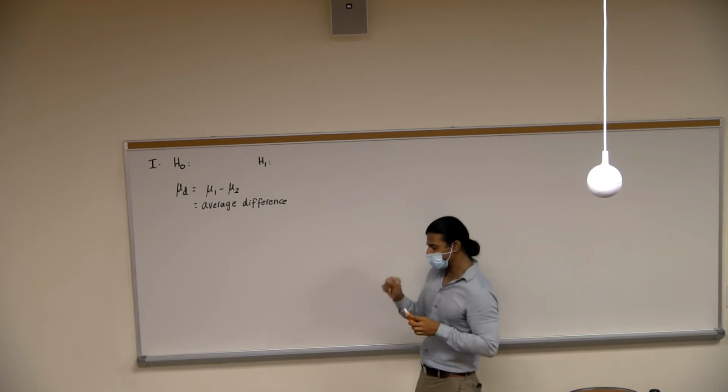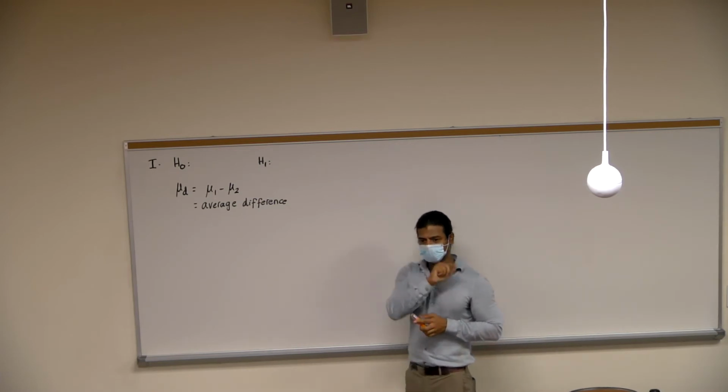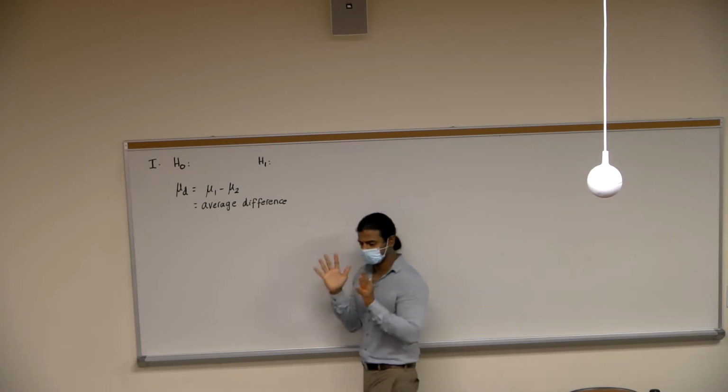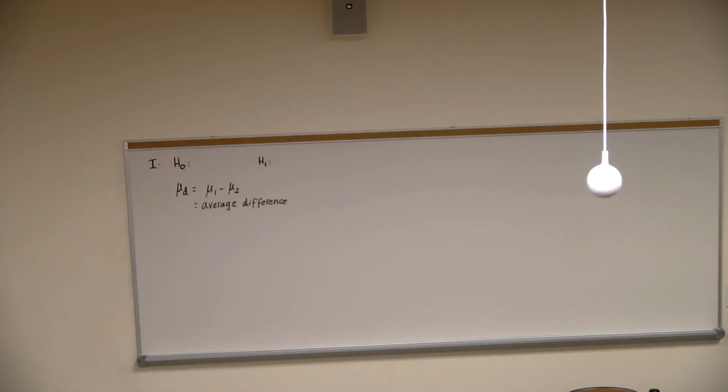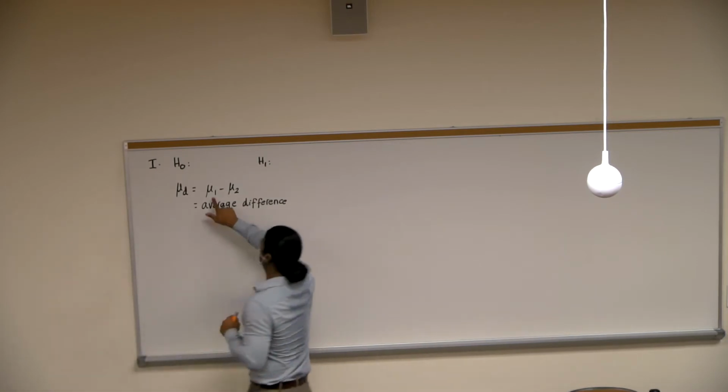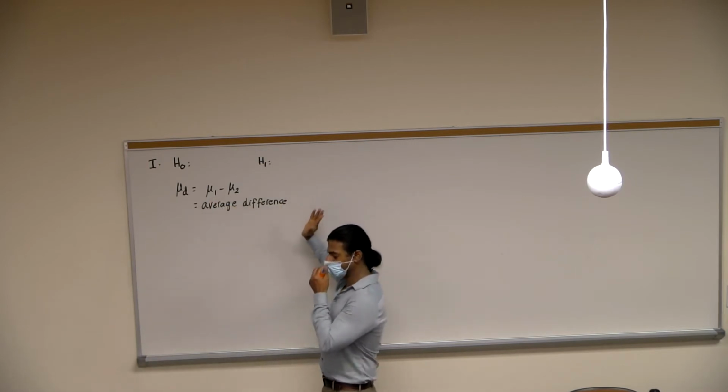We were very particular last time as to what before and after were, and we had to be careful because I believe last time we did a right tail test, or was it a left tail test? Left tail. So we had to be very cautious about what mu1 is, what mu2 is.